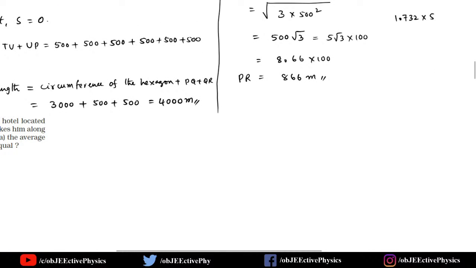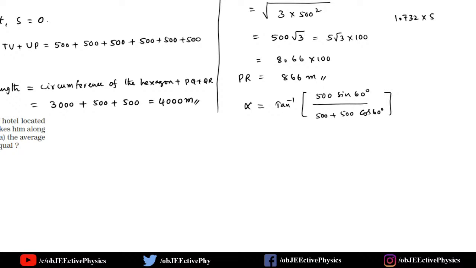We also know that alpha is equal to tan inverse of 500 sin 60 divided by 500 plus 500 cos 60. The formula is tan inverse of q sin theta divided by p plus q cos theta.